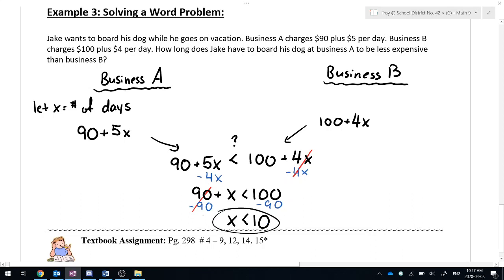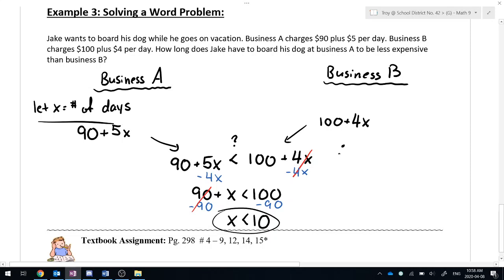And that's our answer. So remember, x was number of days. So that means if we want business A to be less than business B, Jake has to leave his dog at business A for less than 10 days. Anytime after that, then business B becomes cheaper.